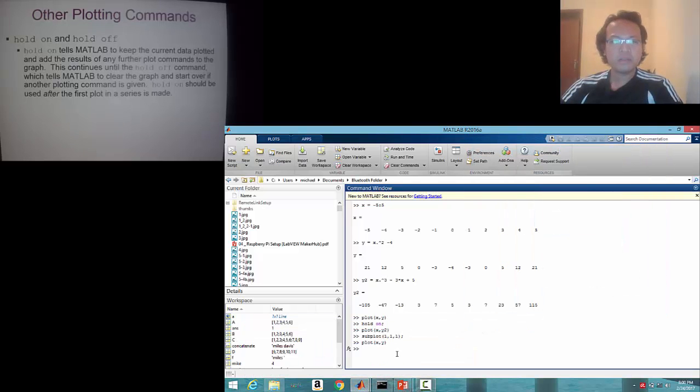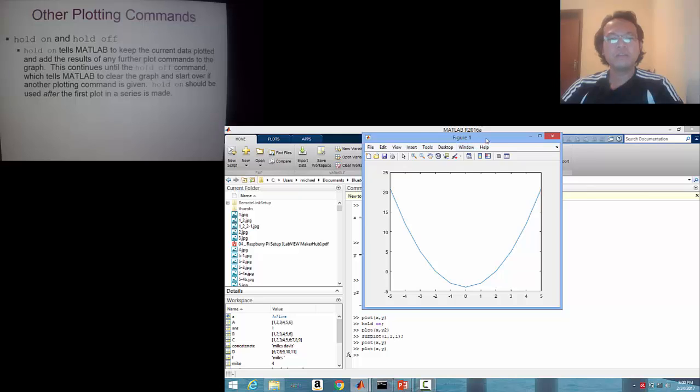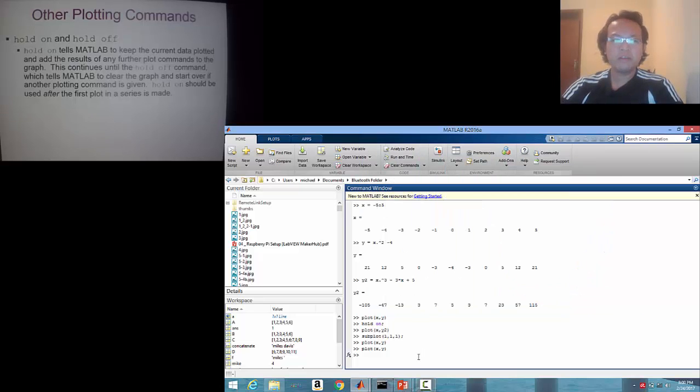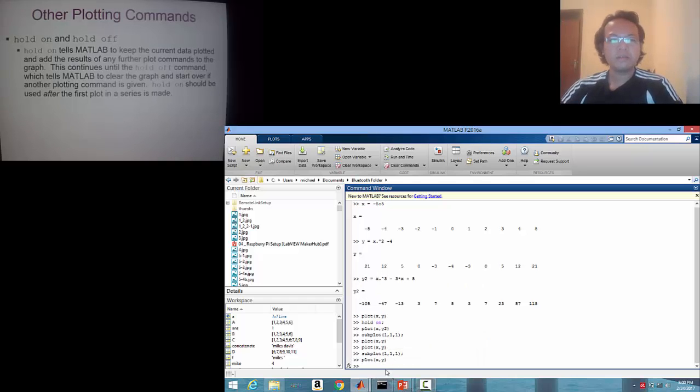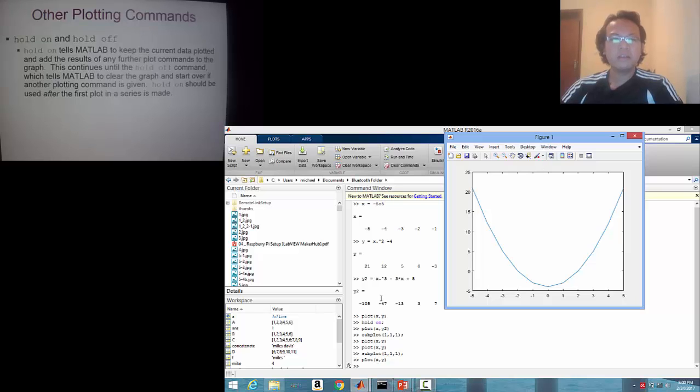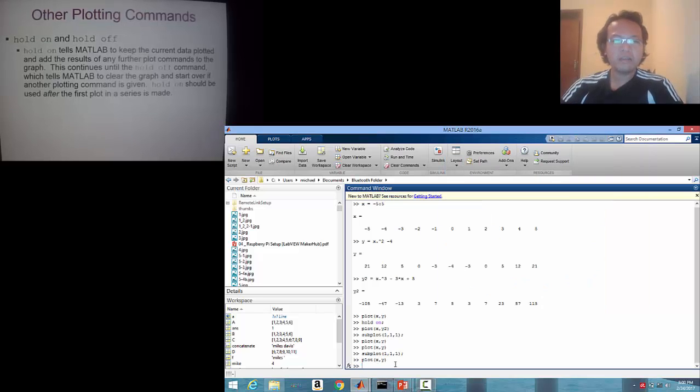Okay, let's try to erase this first. Plot xy. Okay, here. So subplot 1 1 1. Let's go back there. Plot xy. Okay, it's correct. Let's say subplot 1 1 2 on the left, on the right side, left right.